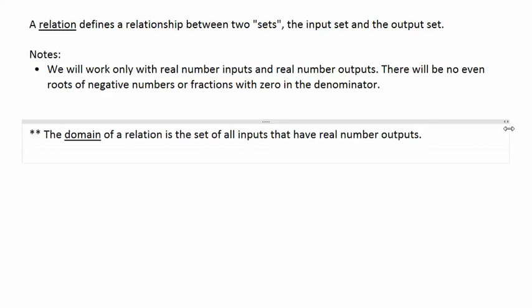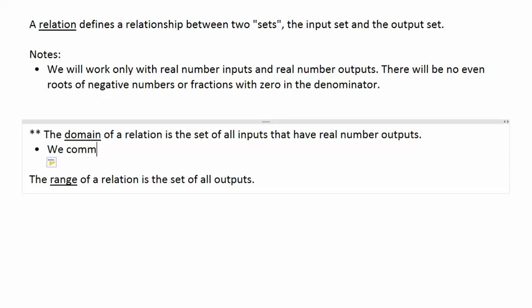Okay. Now another term that's useful is the range. The range of a relation, I bet you can guess, is the set of all outputs. Now the domain: we commonly use the variable x to represent generic inputs, or domain elements if you want to call them that.